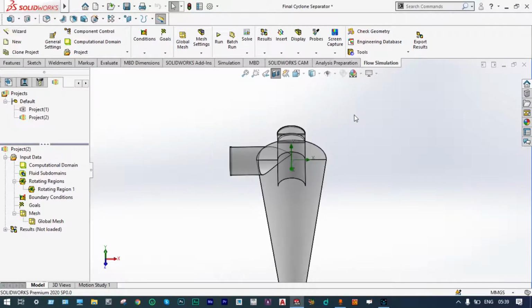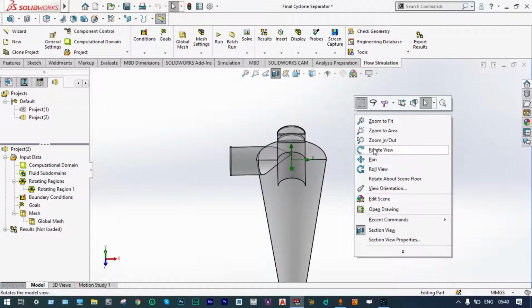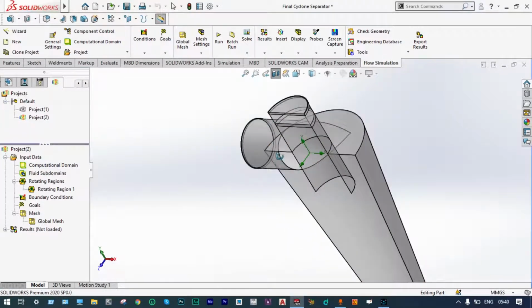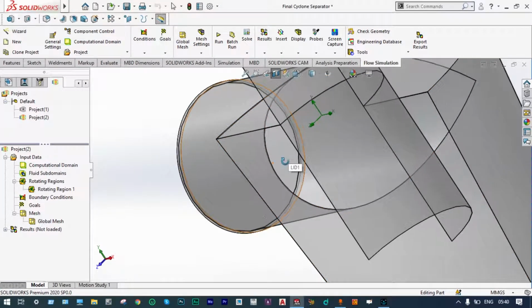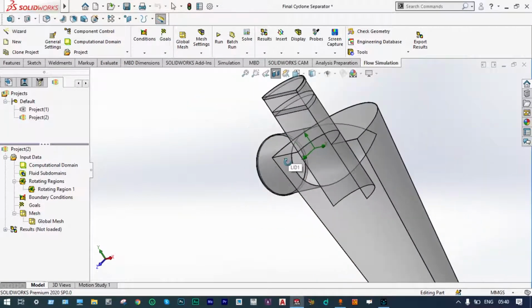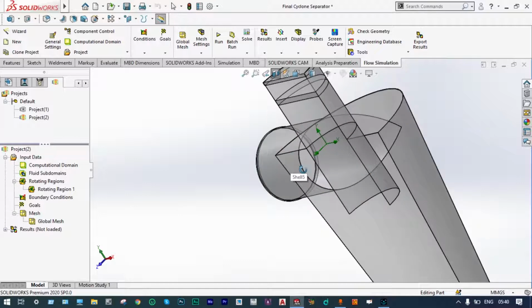Next, you have to provide input variables from the entry location. So we can rotate this model a little bit and cut this model across the plane containing the inlet entry location.